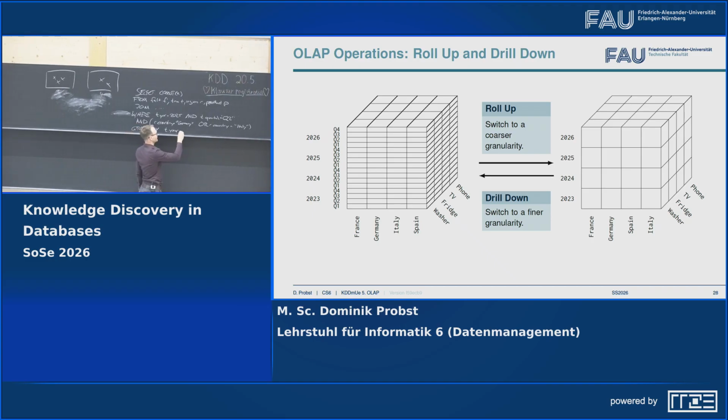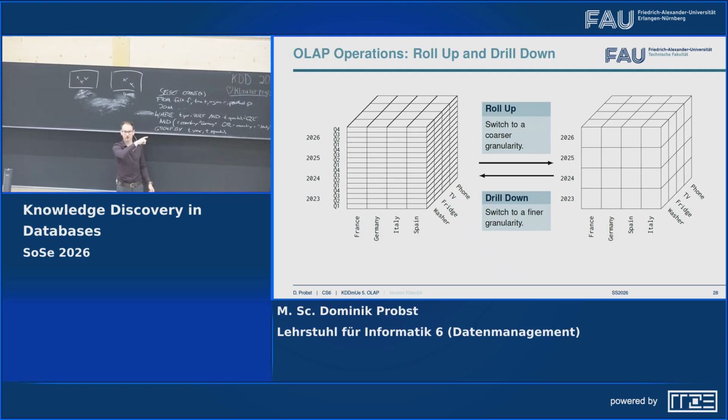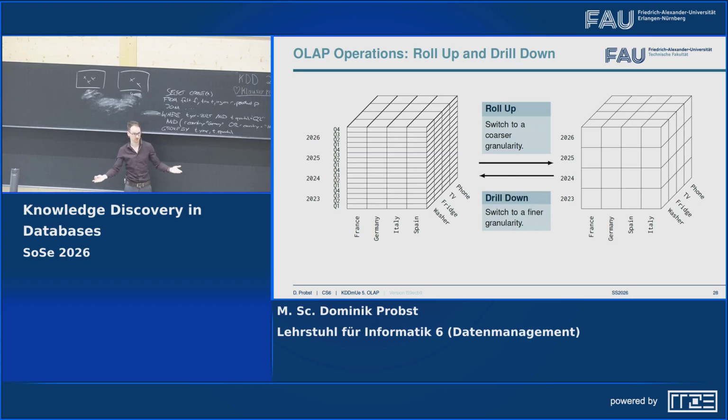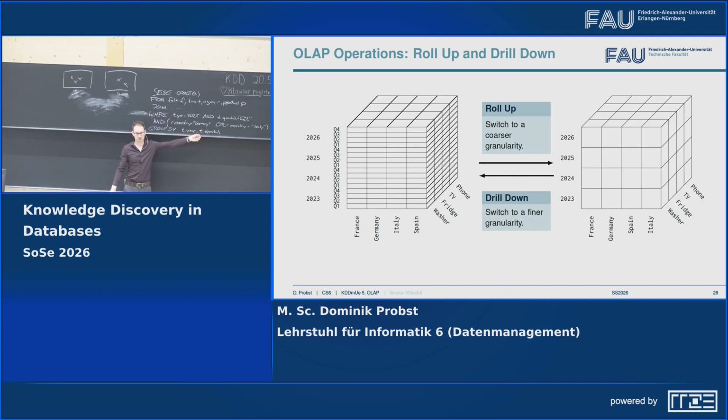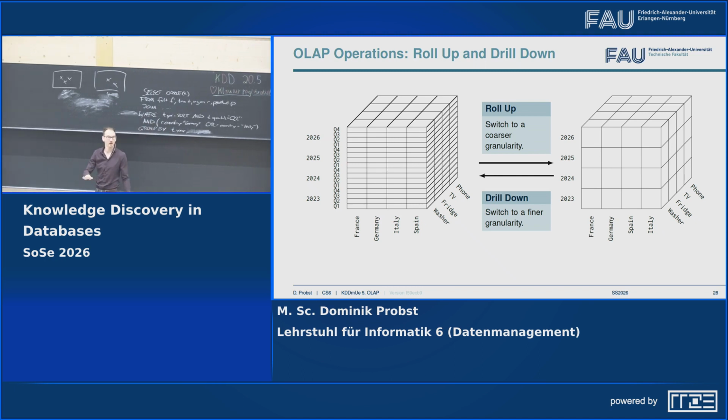We want to take a look at, say, quartal instead. Then the process of switching from a group per year to a group per quartal would be called a drill down, because we are switching from a coarser granularity to a finer granularity. If we do the other way around, so we delete this group by, then we are doing a roll-up.